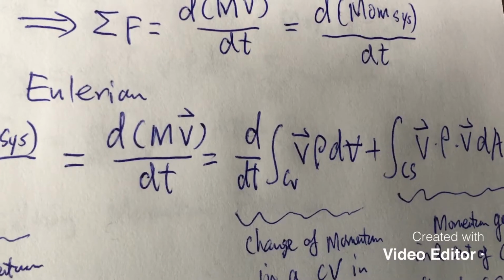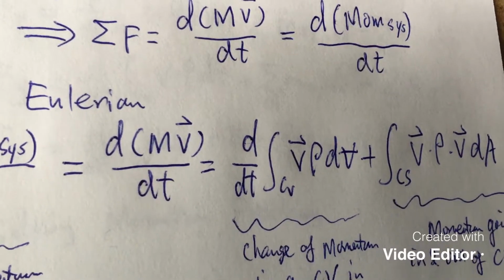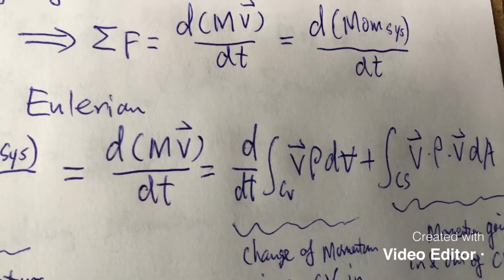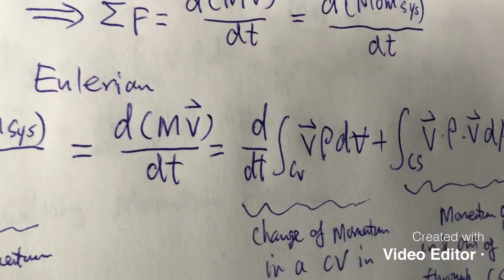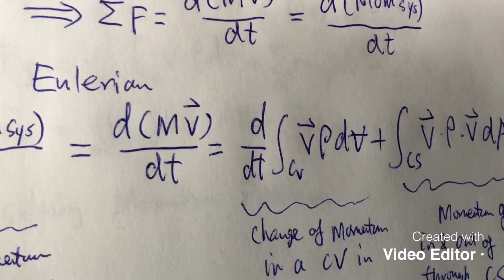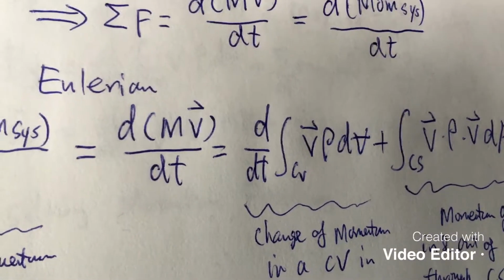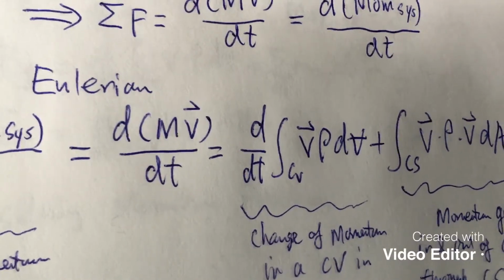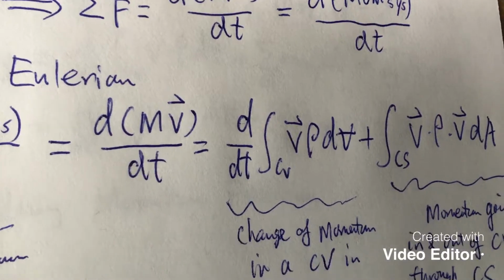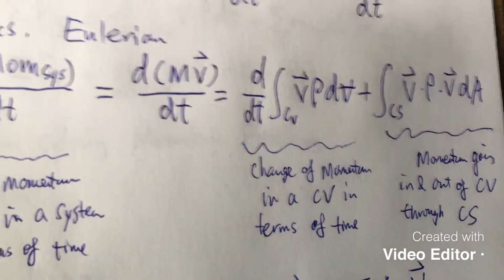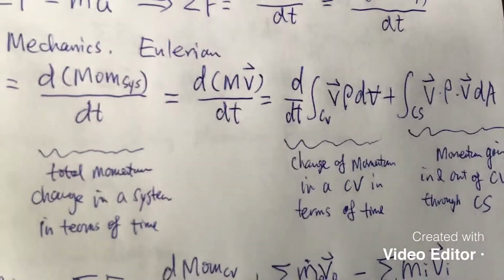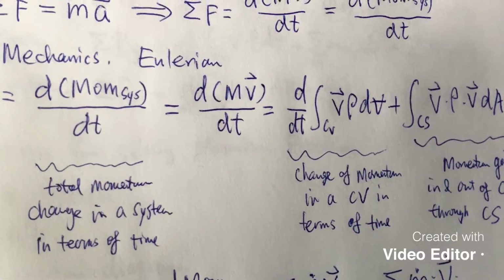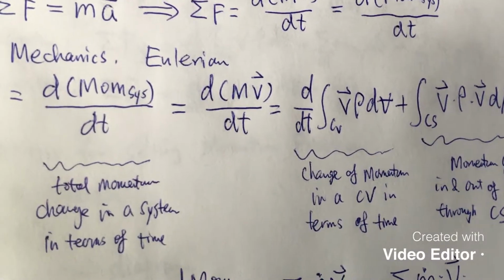That's the mass flow rate carrying the velocity through the control volume. That's the momentum flux through the control surfaces, the second term. So that's the general equation for the conservation of momentum in fluid mechanics.